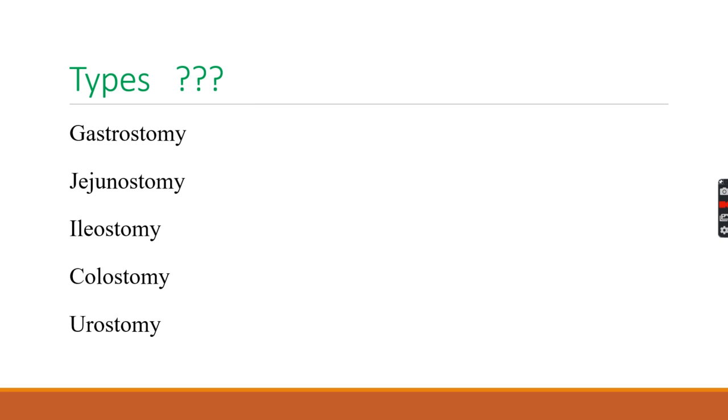What are the different types of stomas? These are the 5 common types we are practically using. I have mentioned them in a chronological order for easy understanding. Starting from the stomach, then jejunum, then ileum, then colostomy, related to colon, and finally, in procedures over the urinary bladder or lower urinary tract, another important stoma, that is urostomy.